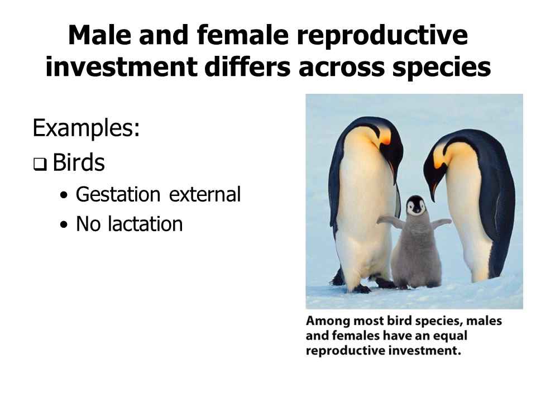In contrast, if we look at birds, the gestation is external, so those eggs are laid and then the baby is going to grow in the egg, and there's no lactation. So male and female investment becomes more nearly equal after fertilization in birds.